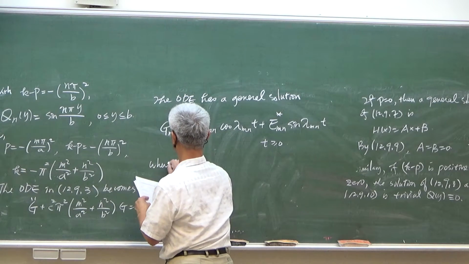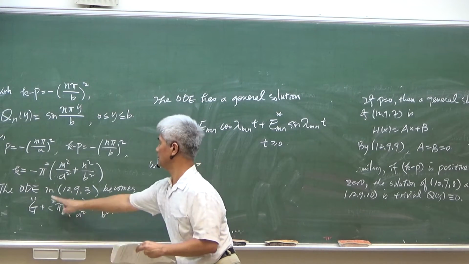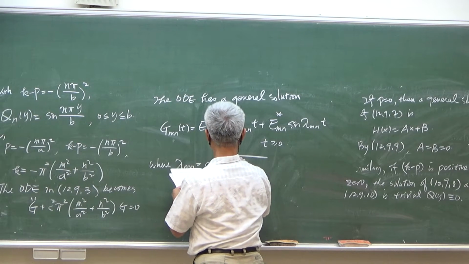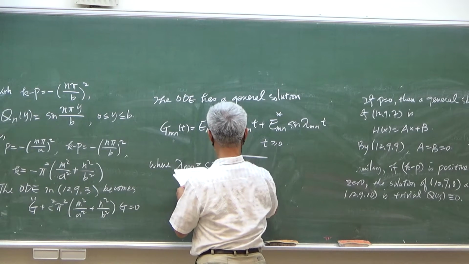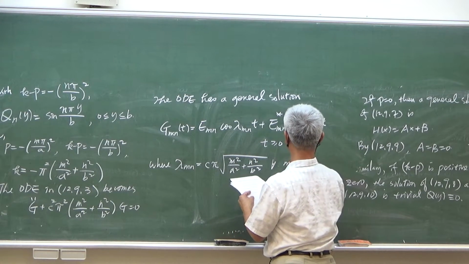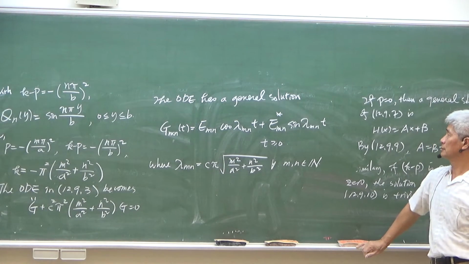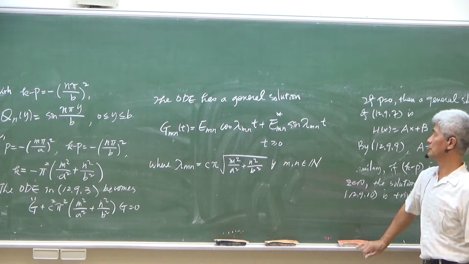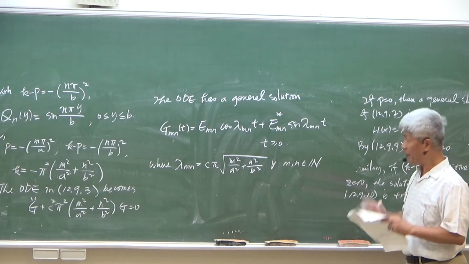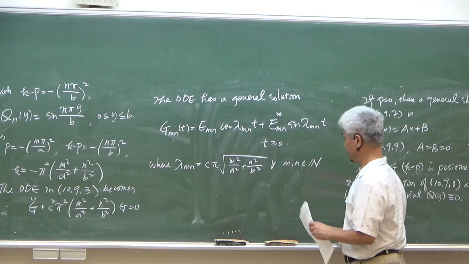Where lambda_mn is equal to the square root of this quantity. So it's c times pi times the square root of m square divided by a square plus n square divided by b square, for all m and n in the set of all positive integers. Okay, so basically we solve it.